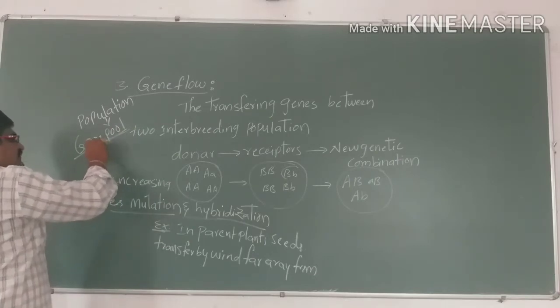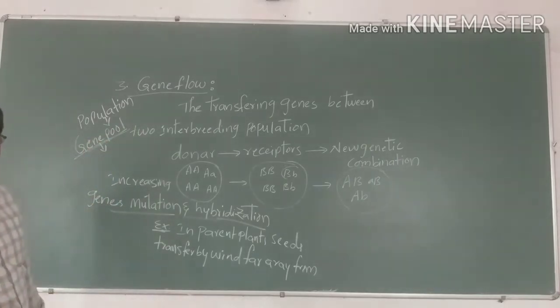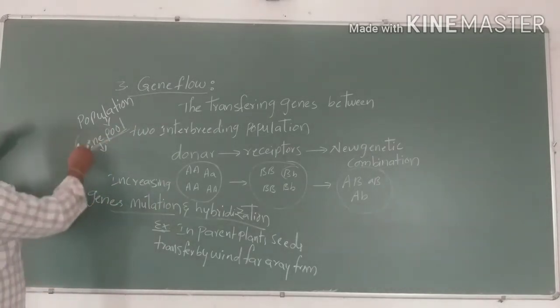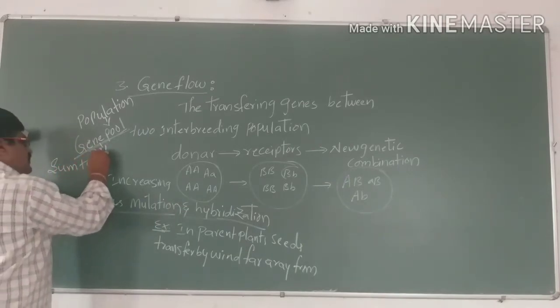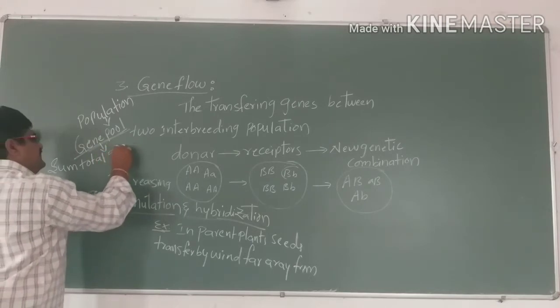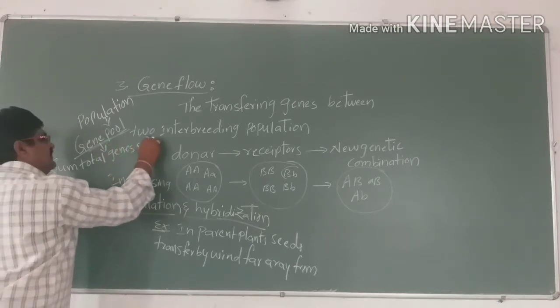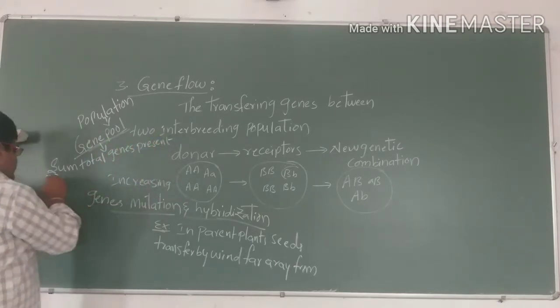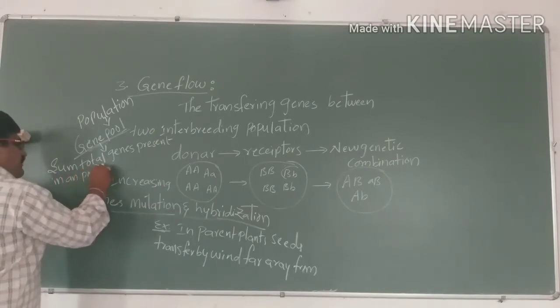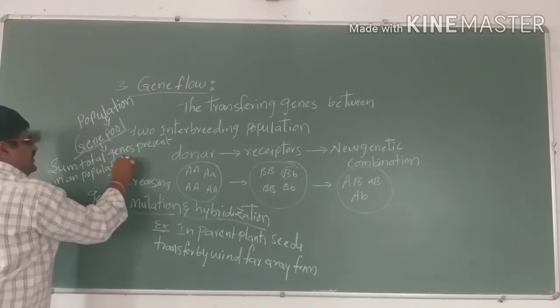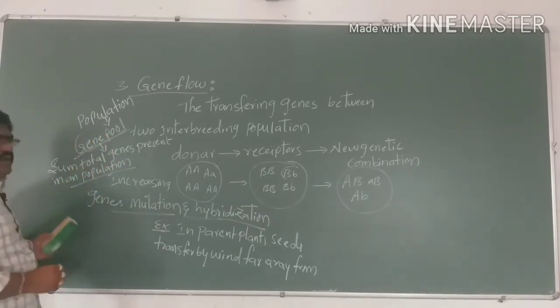The sum total of genes present in a population we call a gene pool.